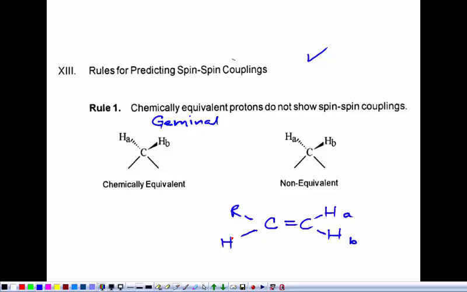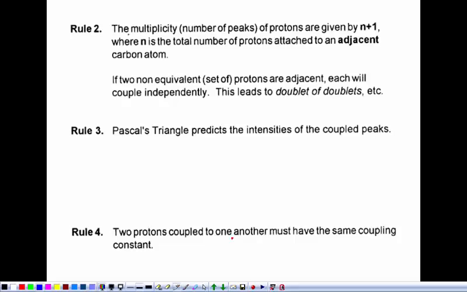One of the best examples of this is, let's say a molecule that looked something like this. If you had this molecule, this A and that B hydrogen, because there's no mirror plane that you can cut the molecule in half with, would actually not be equivalent.